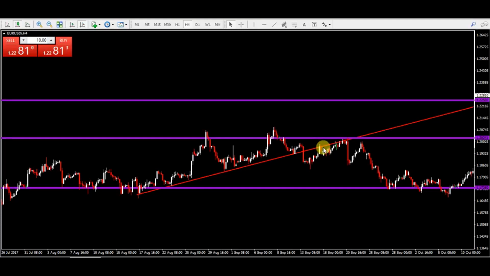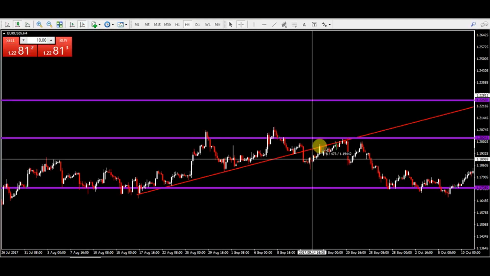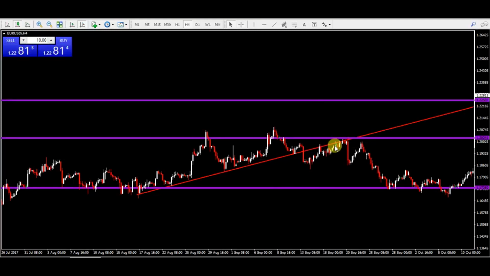Notice it's not back above and starting to make those higher highs and higher lows back above this trend line. Notice all this action, all this fake bullish action, is all happening in what we call the sell zone. It's still in the sell zone.